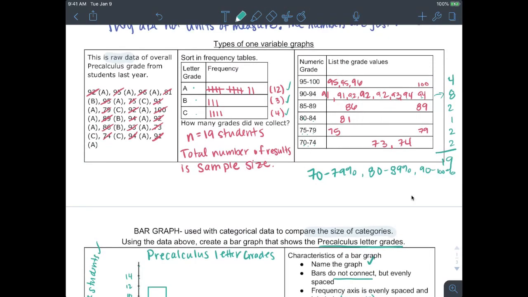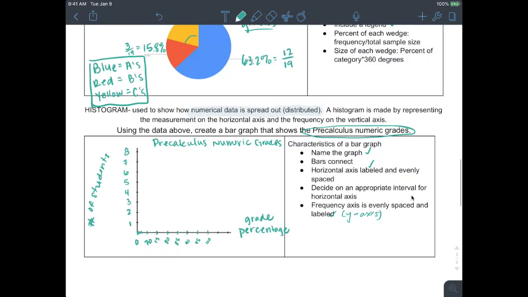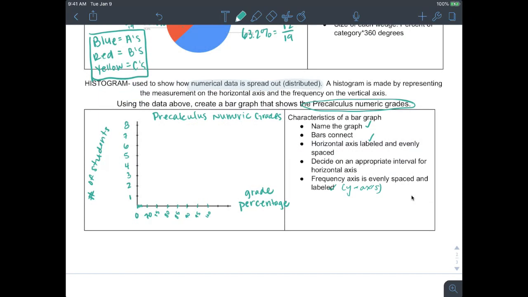From 70 to 74 and 75 to 79, I have 2 students in each one of those ranges. So I'm going to go ahead and graph in from 70 to 74. Ooh, this is going to be tough. In here, 70 to 74, I have 2 students.